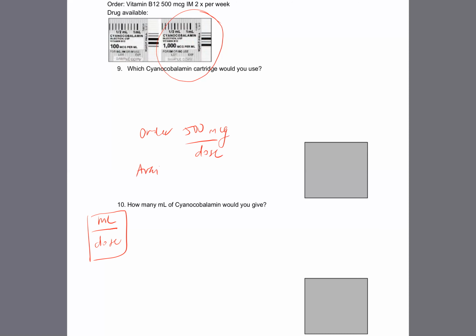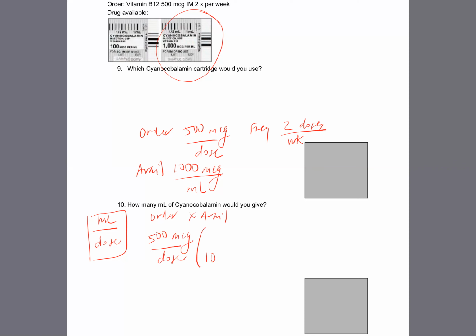Your availability is 1,000 micrograms per ml. Frequency is 2 doses per week. So using the equation order times available, you would have 500 micrograms per dose.